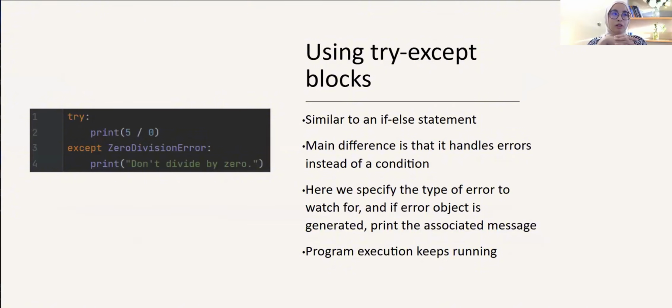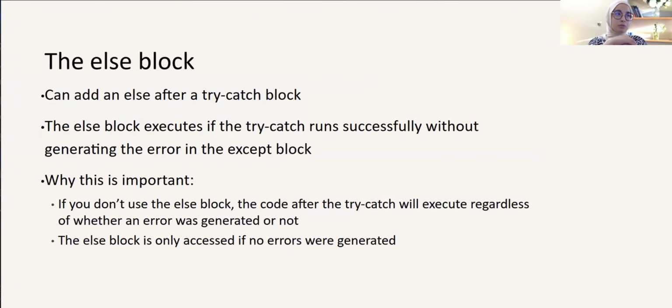It could be a zero division error in this case. If, for example, the user is going to divide by zero, it shows that this is a zero division error. So mainly this is how it works.